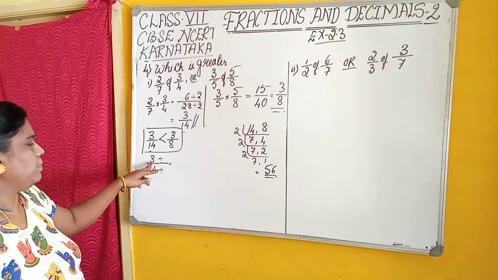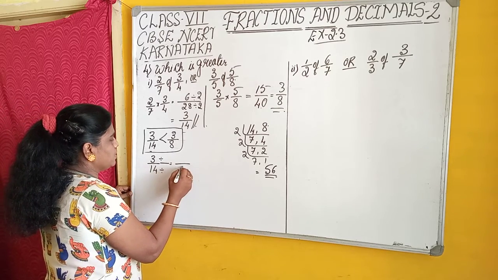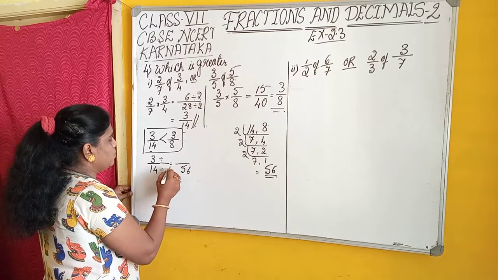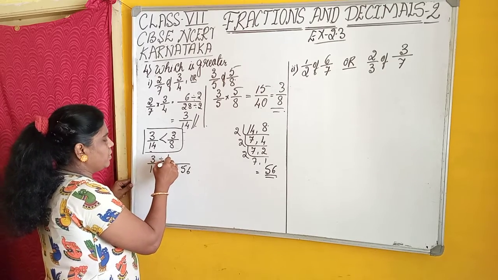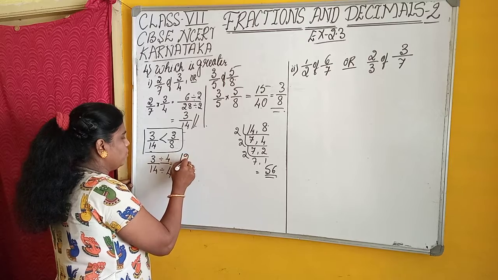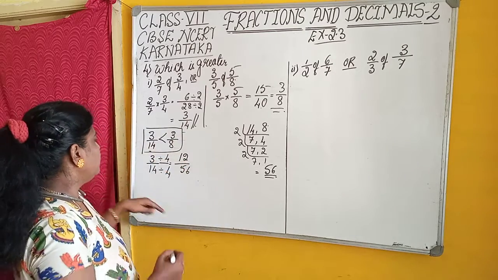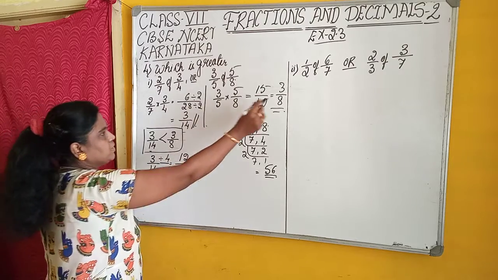For 14 to become 56 we have to multiply by 4. When we multiply the denominator by 4, we have to multiply the numerator by 4. So 3 by 14 will become 12 by 56.